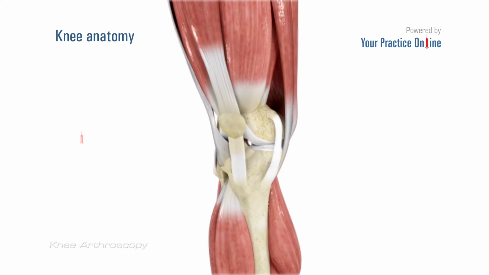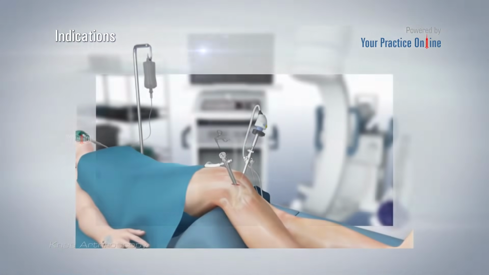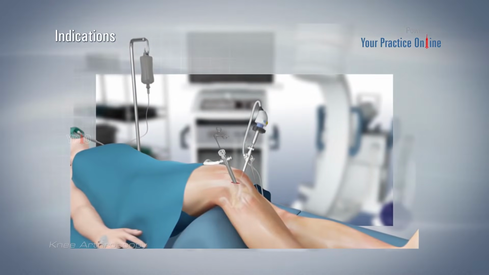The whole knee joint is covered by a ligamentous capsule, which further stabilizes the joint. This ligamentous capsule is also lined with a synovial membrane that secretes synovial fluid for lubrication.